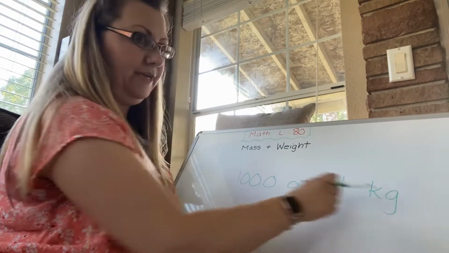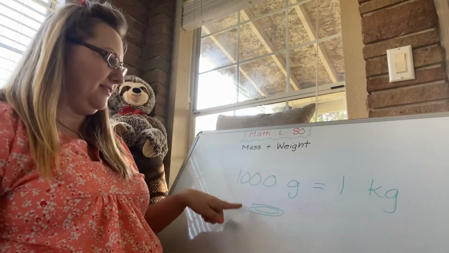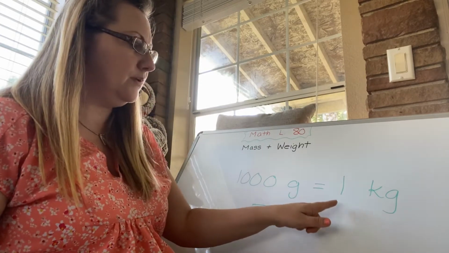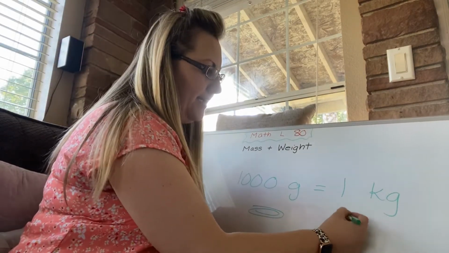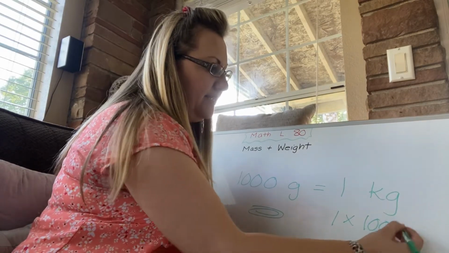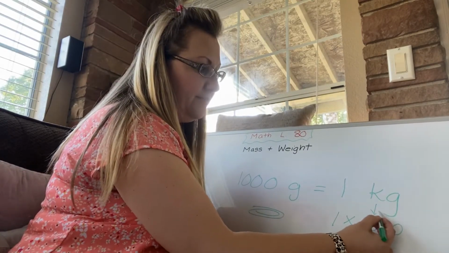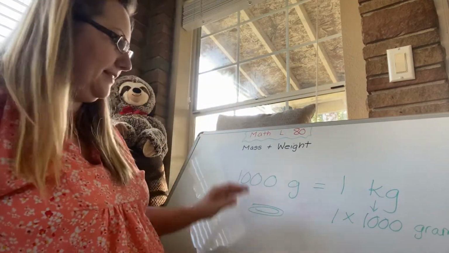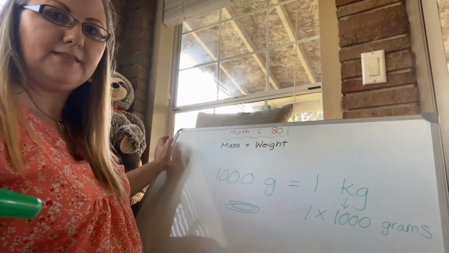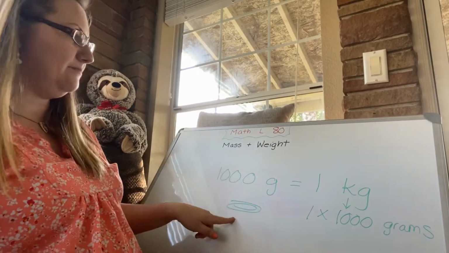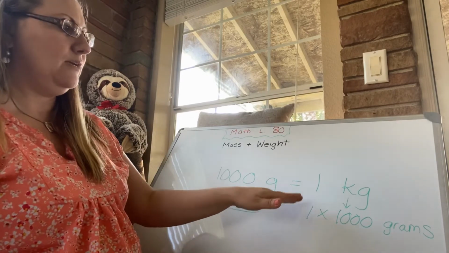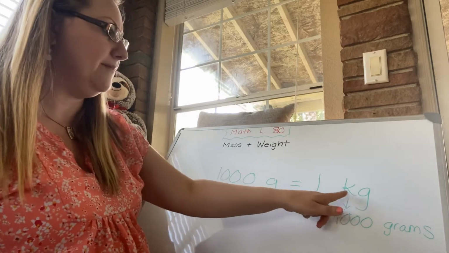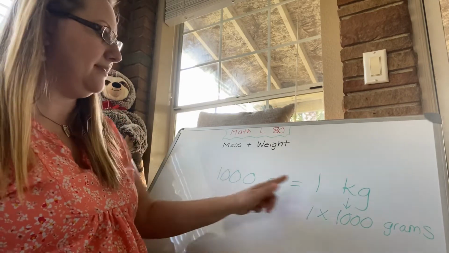It's just g or kg. So think of it as 1,000 paper clips equal 1 times 1,000, because the k stands for 1,000 grams. Do you see that? I hope you can see that. Let me turn this a little bit. So 1,000 grams, like 1,000 paper clips, is equal to 1 kilogram. Add the k in front of gram, and it means 1,000.